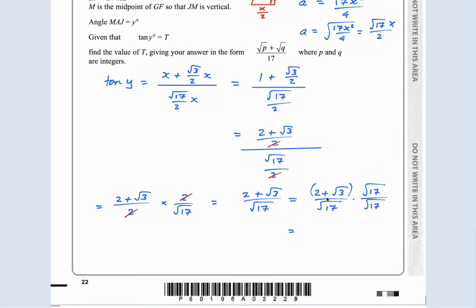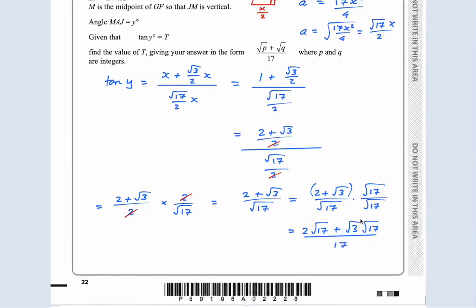Actually, there's one more step after this, guys, sorry. 2 times root 17 plus root 3 times root 17. So this times this plus this times this. And root 17 times root 17 is 17, which is why we did it.